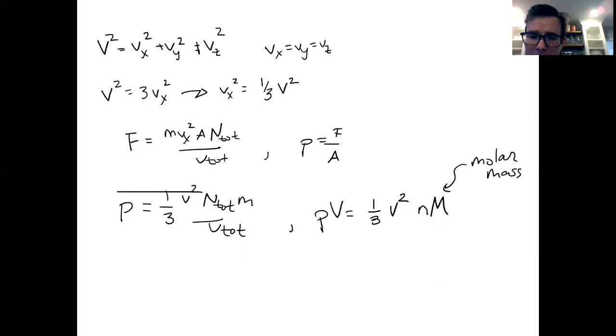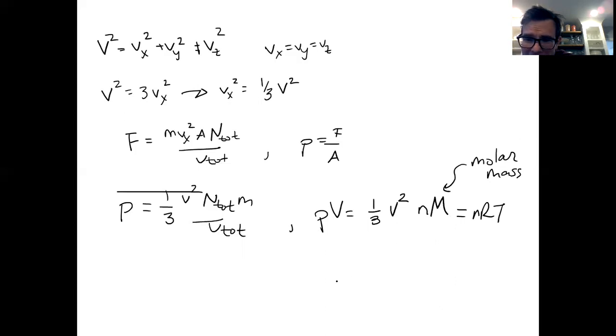This expression, little m, was mass of one molecule. This is now per mole. PV equals this. So you might guess I can now use the ideal gas expression and set this equal to nRT.